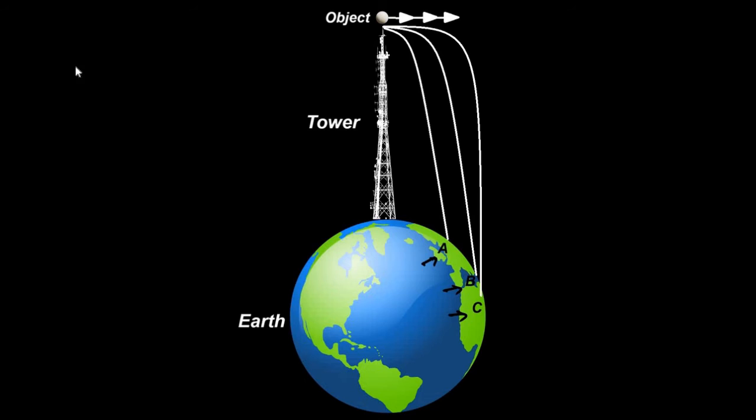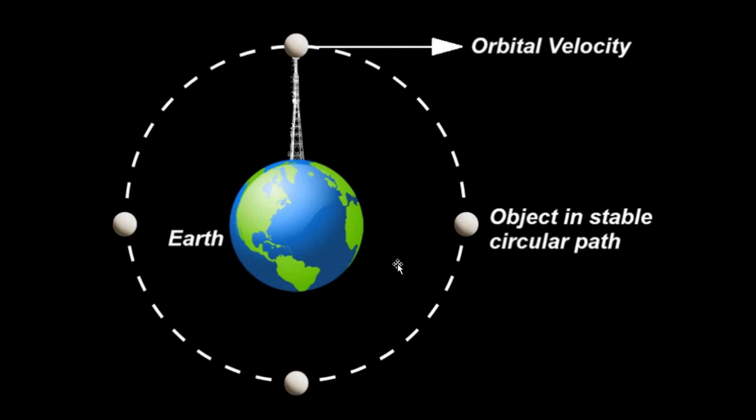Similarly, if we keep on increasing the horizontal velocity, a point will be reached where this object will escape hitting the surface of the Earth, and it will undergo circular movement. It will move around the Earth in a circular path, in a circular orbit, and this movement will be stable.